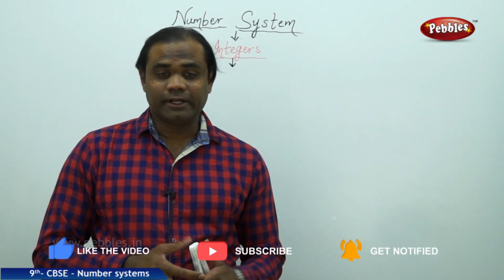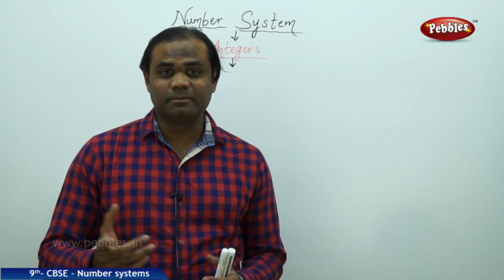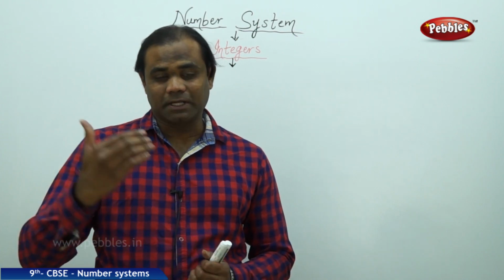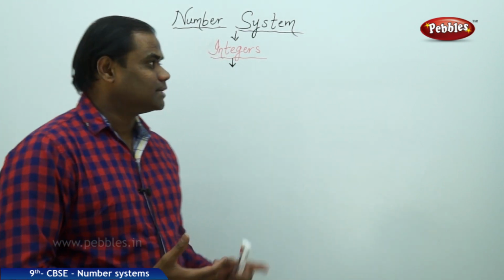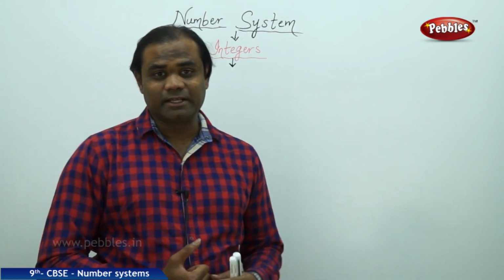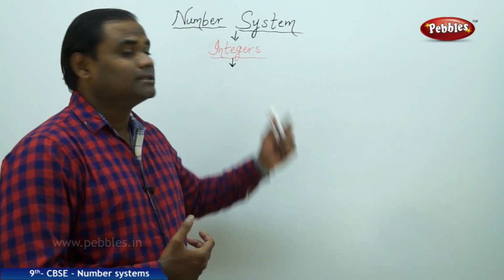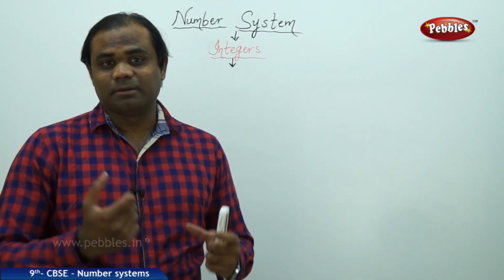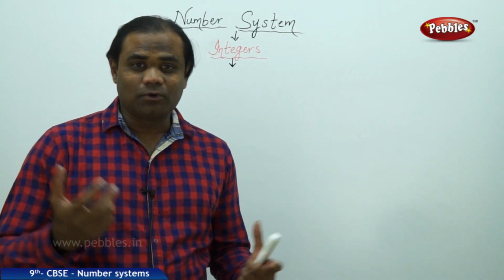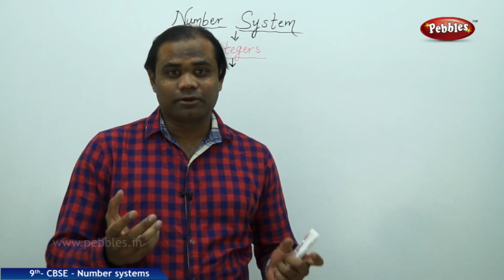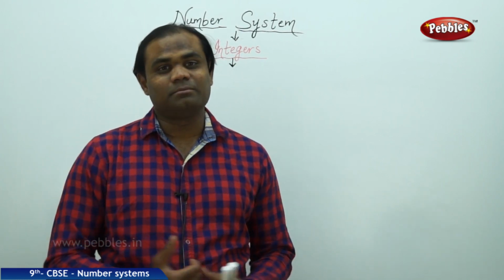Integers. The next set of numbers in the field of mathematics after the natural numbers and the whole numbers is integers. And this plays one of the most important roles in the number system. So let's see what integers, or the set of integers, are in the field of mathematics.